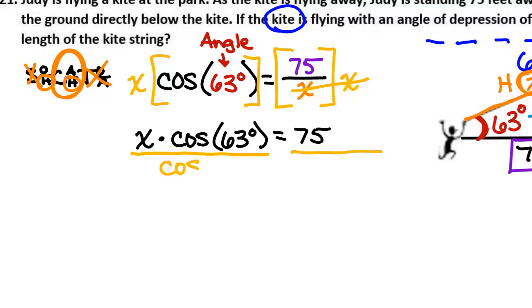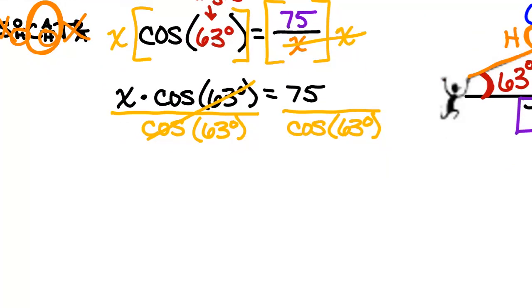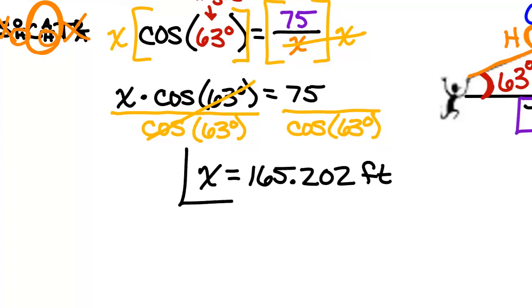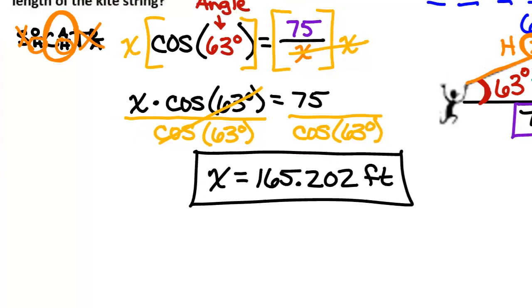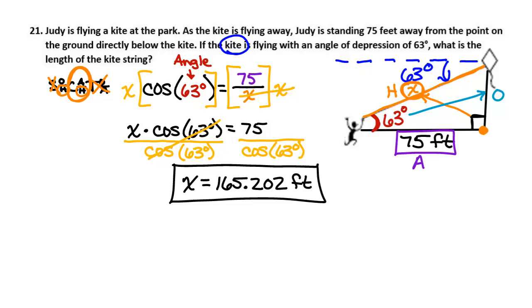We're going to divide both sides by the cosine of 63 degrees. 75 divided by the cosine of 63 degrees gives me 165.202 when I round it to 3 decimal places. And that would have the units of feet on it.